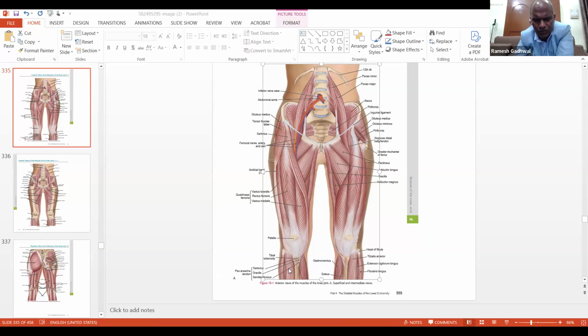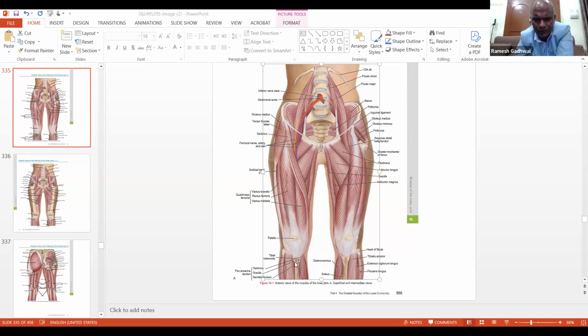Then on the lower leg, these muscles: tibialis anterior, then extensor digitorum longus, and fibularis longus, attached with the bone fibula.